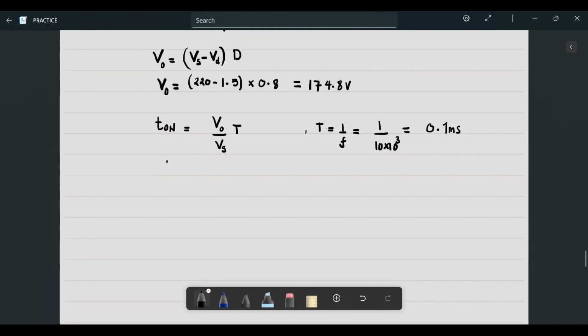So let's find time on, T on. VO is 174.8 divided by VS, our VS is 220, times 0.1 millisecond.